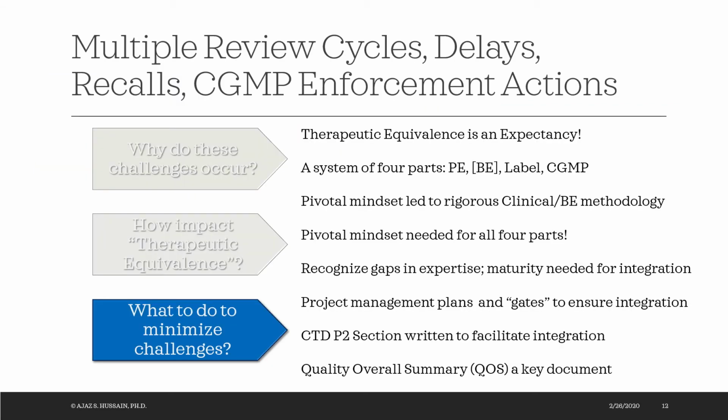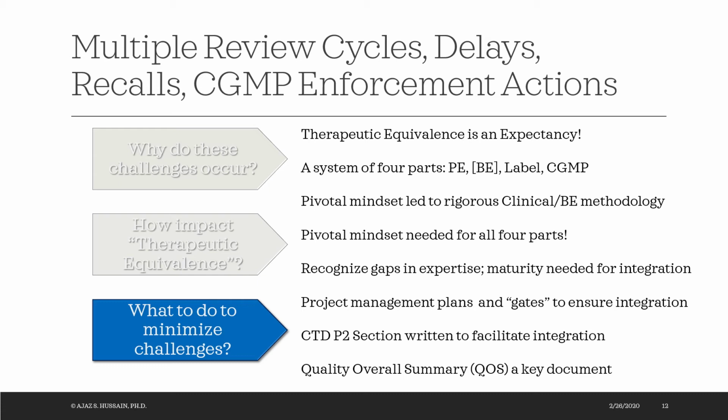So let's summarize. What can we do to minimize these challenges? Let us remember, in the real world, therapeutic equivalence is an expectancy, and we have to manage not just risk and our knowledge, but expectancy management is key.